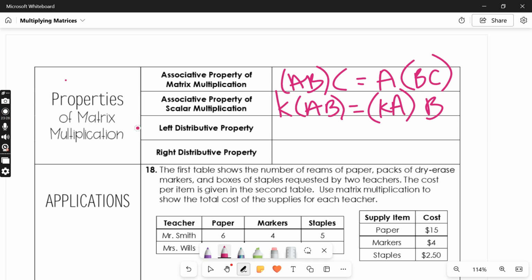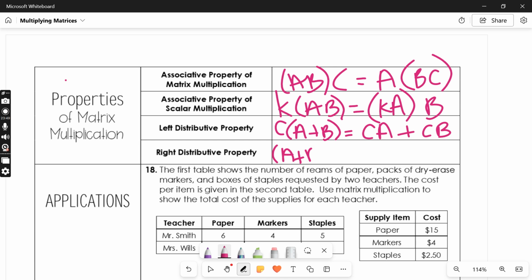I have a left distributive property. Now notice that this says left and not just distributive property because we can't multiply in any order. We do have to make sure that we do left and then right. So if I have C times A plus B, that's going to be CA plus CB. Okay, and then if I want to go the other, I have to rewrite.